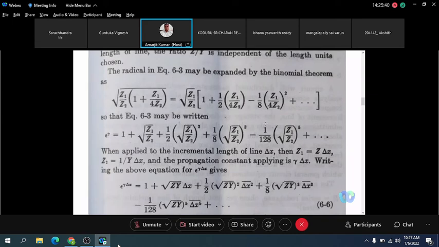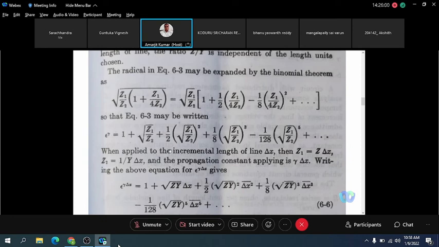So a plus b raised to the power n, how to expand that? 1 plus x raised to the power n. You know the binomial expansion. So e to the power gamma after the binomial theorem is applied, this is the form.